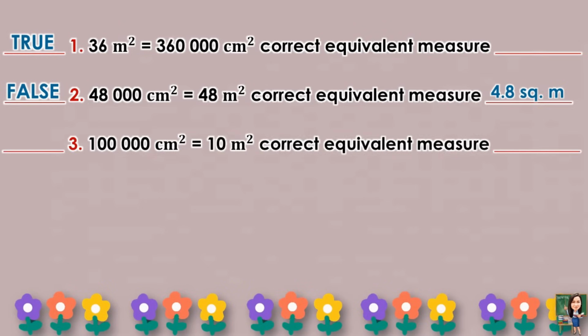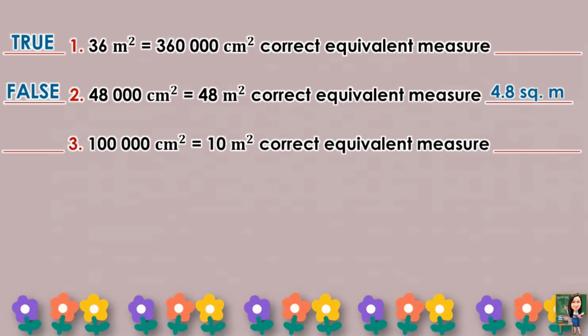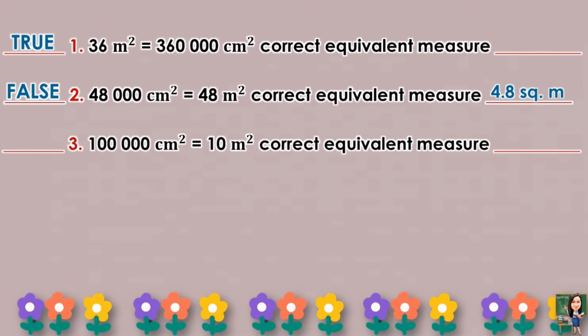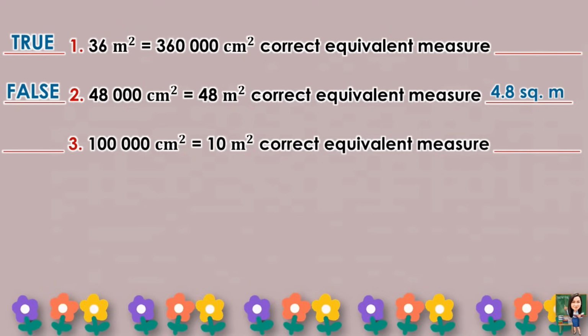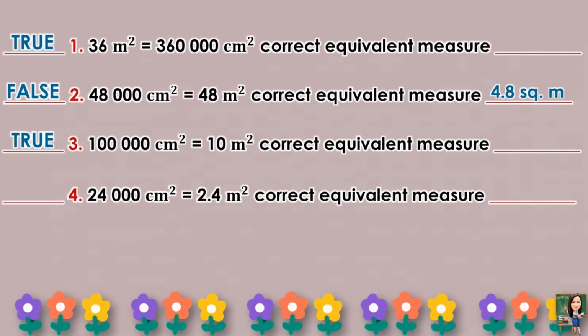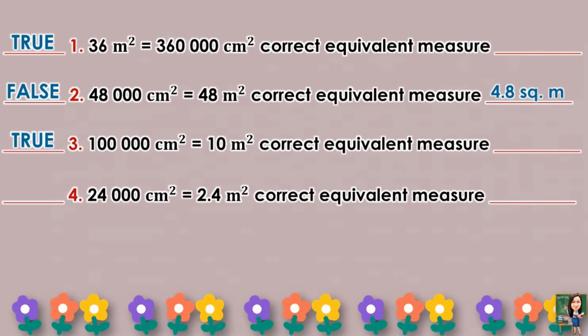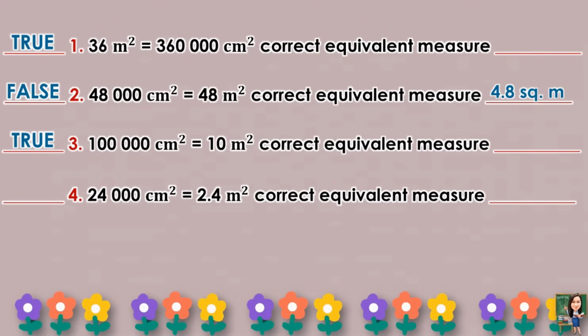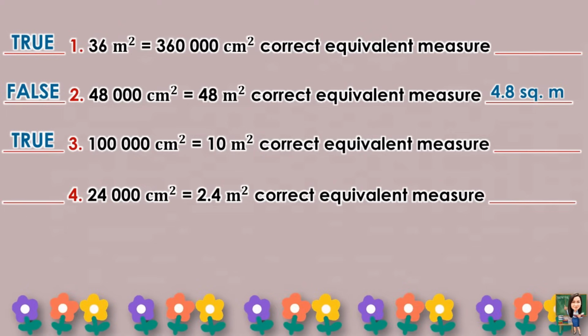Number 3. 100,000 square centimeters is equivalent to 10 square meters. Is it true or false? Very good. The answer is true. Number 4. 24,000 square centimeters is equivalent to 2.4 square meters. Is it true or false? Very good.